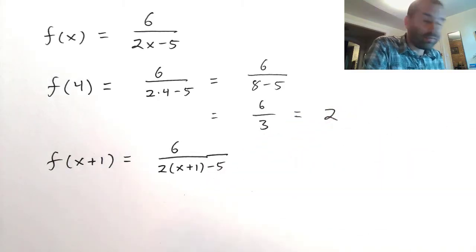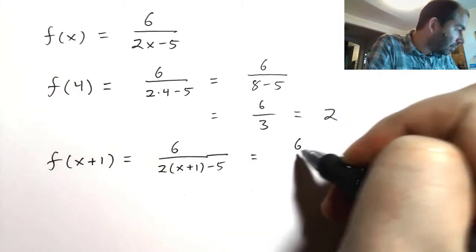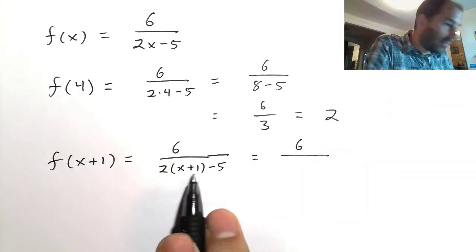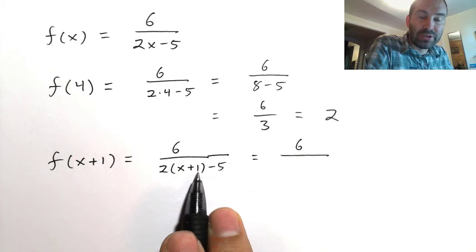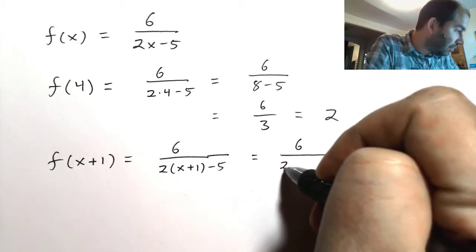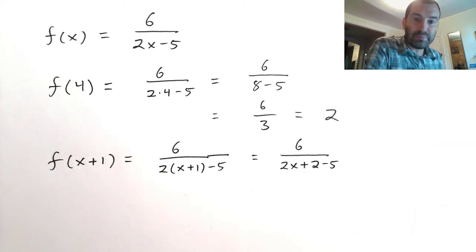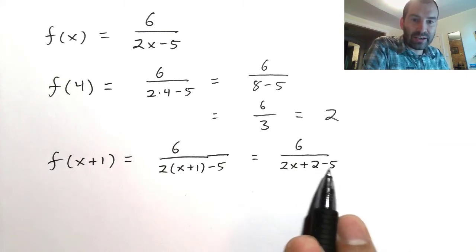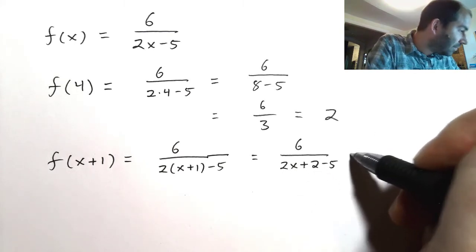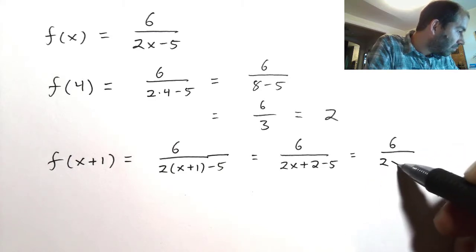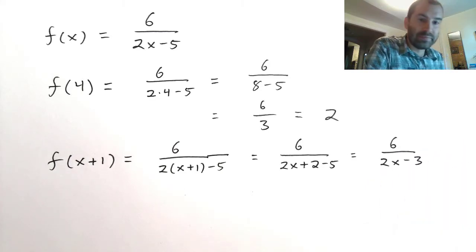Now I'm going to simplify this. Well, 2 times x plus 1 is 2 times x plus 2 times 1. That's 2x plus 2. And then I can simplify this because I can combine these like terms here. And that looks like as much as I can simplify this.